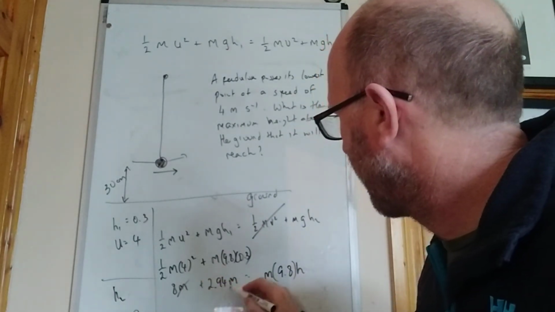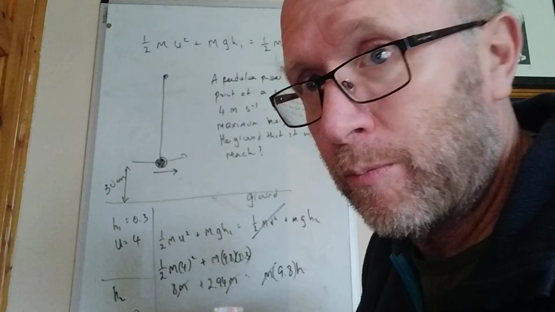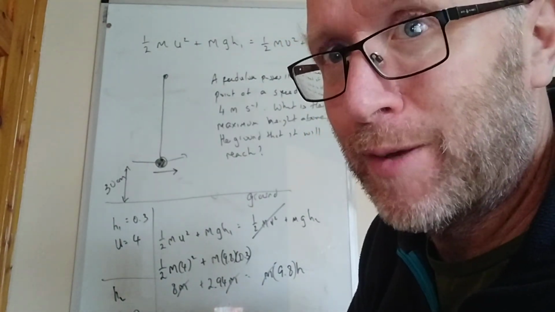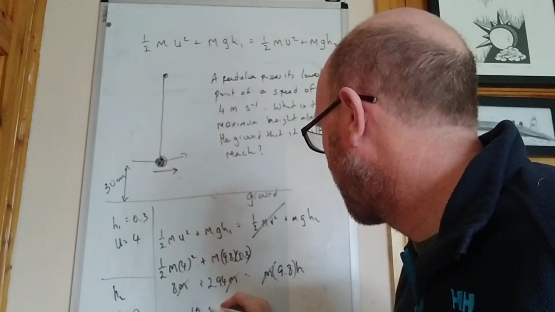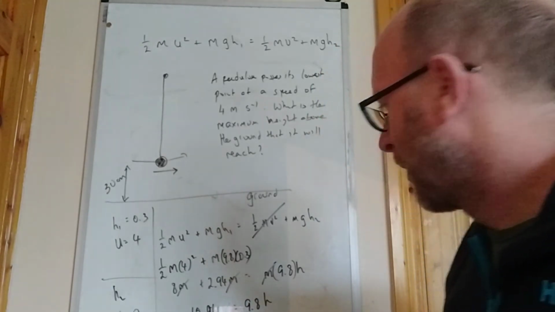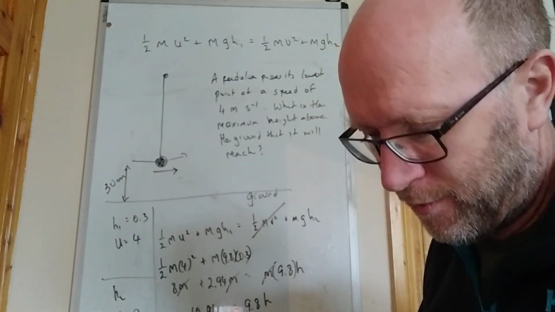We can cancel all the m's, and we get 10.94. We'll almost always be able to cancel the m's. If you're a TY student, the m's will always cancel. So 10.94 equals 9.8h.